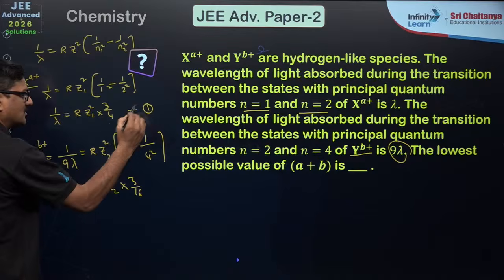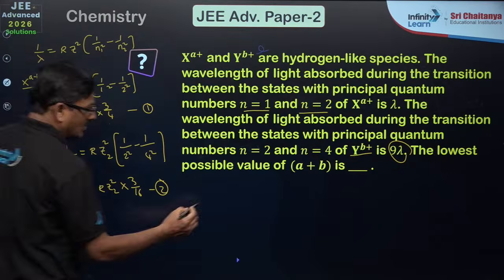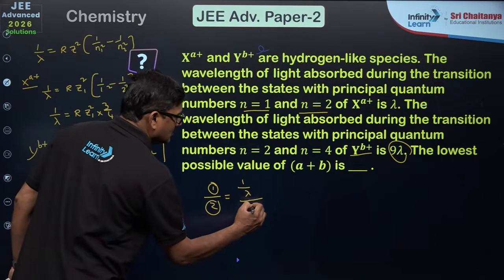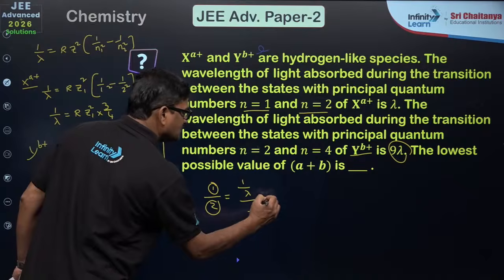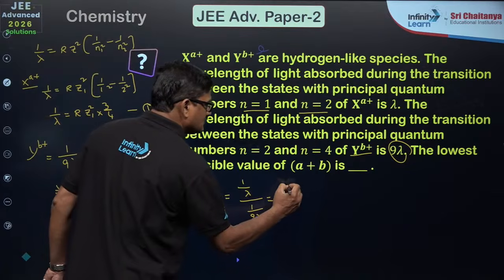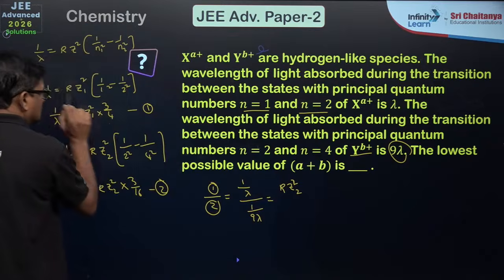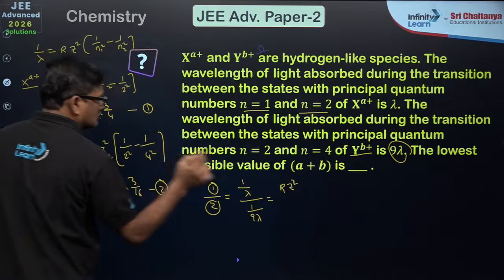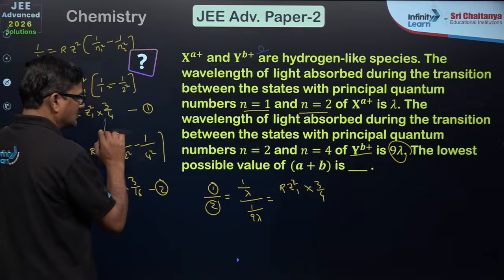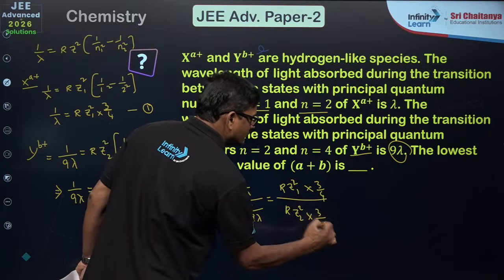By taking equation 1 and equation 2, equation 1 upon equation 2 is equal to 1 by lambda over 1 by 9 lambda is equal to R Z1 square into 3 by 4 over R Z2 square into 3 by 16.